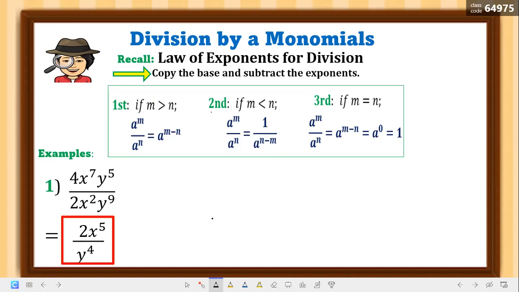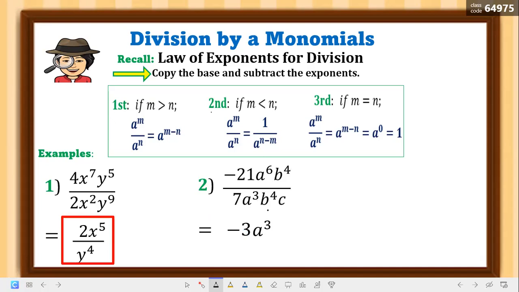Okay, nire-review lang muna natin. And we have this, negative 21 over 7. Sige nga, can you give me, what is negative 21 over 7? Negative 3 po. Okay, very good. Negative 3. And since ito ay same base, ano nga sabi sa rule? Minus po. Yes. Kakopy natin yung A and subtract natin. Ayan, 6 minus 3, 3 yun.